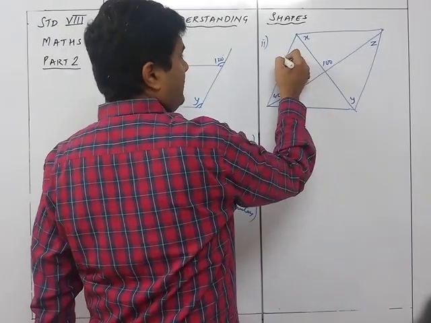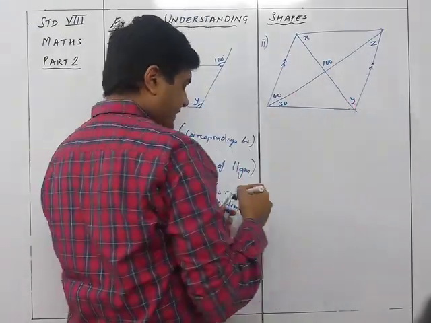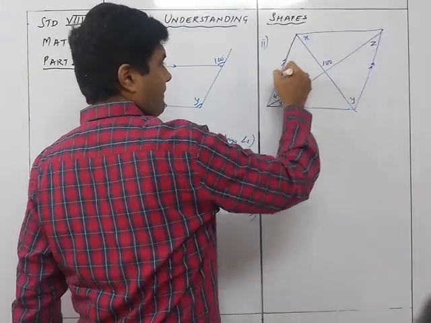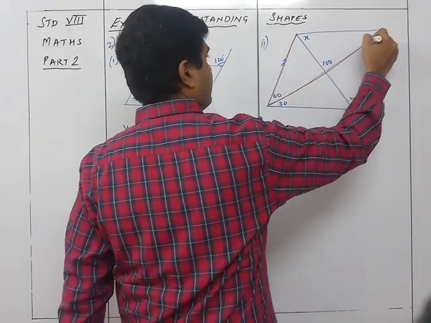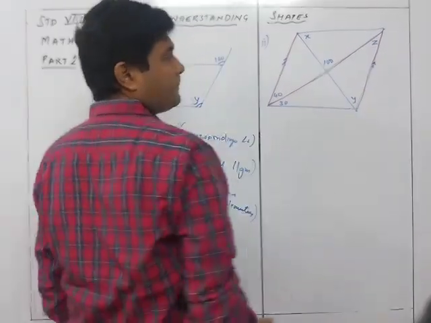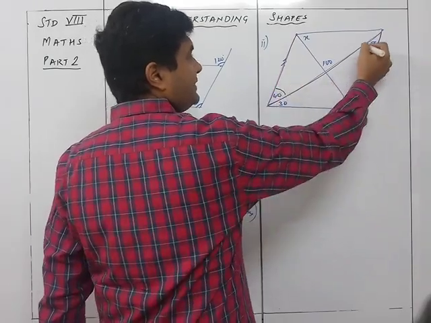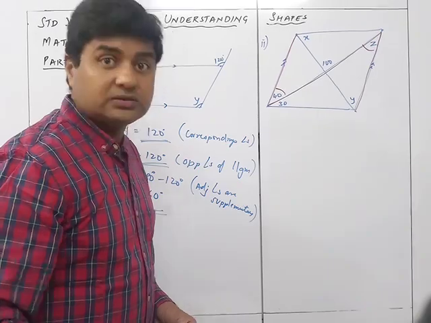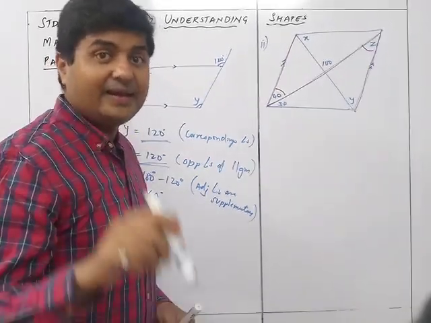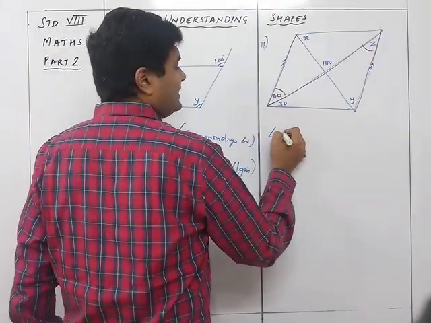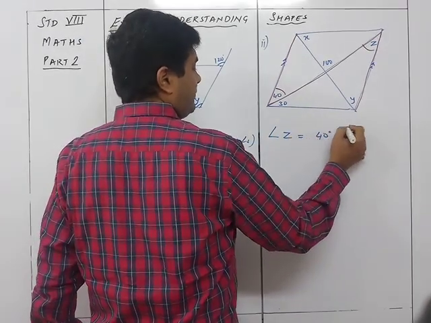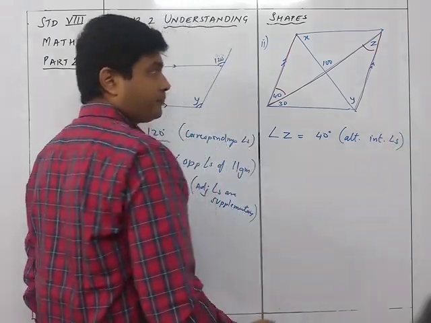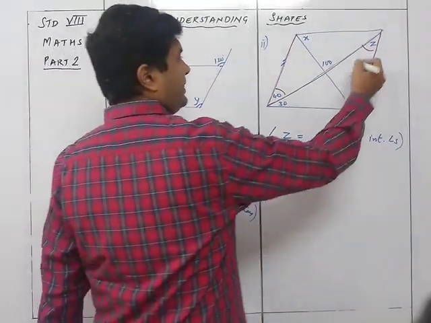So this line is parallel to this line. So you can see a formation of a Z out here. Accordingly, this angle and this angle will be equal by, yes, alternate interior angles. So, angle z is equal to 40 degrees because alternate interior angles. z will get 40.